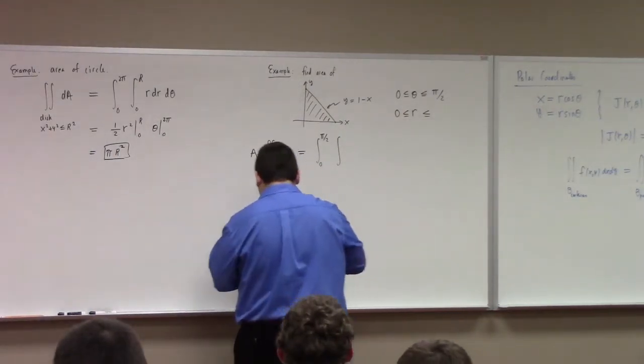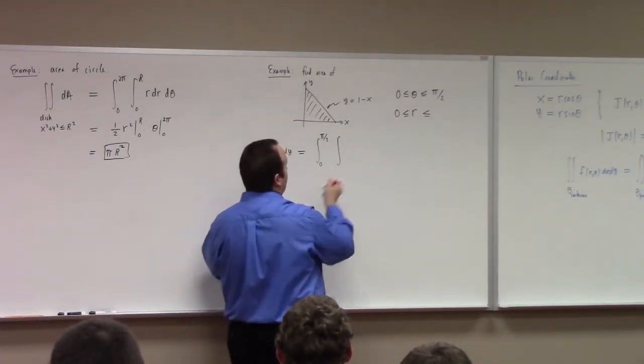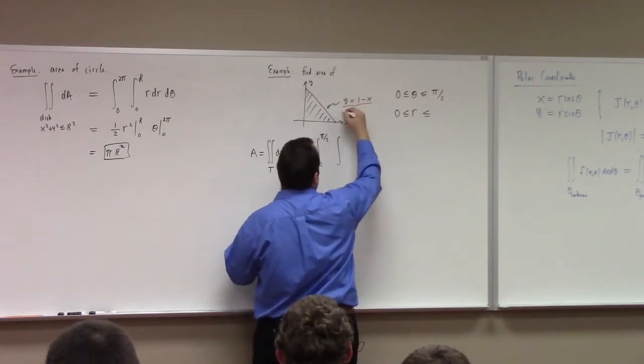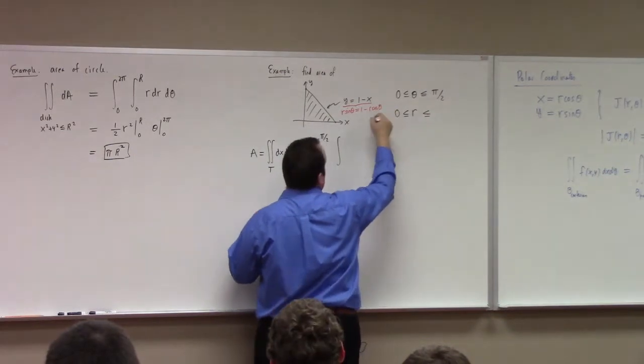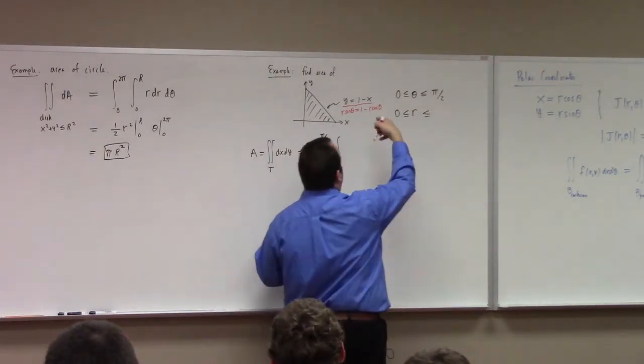Now, what you just did is you converted this to its polar form, right? Which is r sine theta equals 1 minus r cosine theta, right? And from that, I can see that r is equal to what?